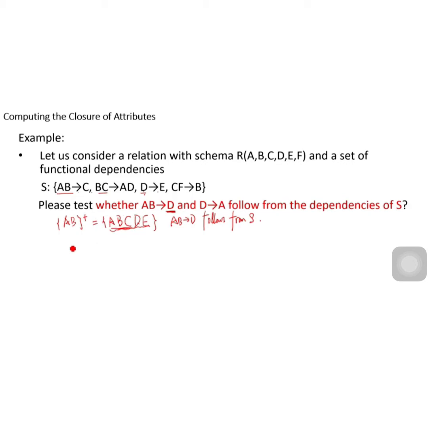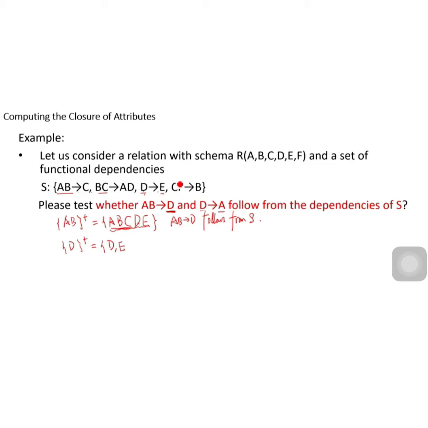And if we want to test whether D functionally determines A, then we can compute the closure of D. The closure of D, the basis is D. AB is not a subset. BC is not a subset. D is a subset of the current closure, so we can add the right side E here. CF, no, we cannot use this FD.